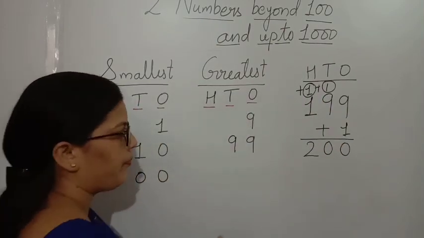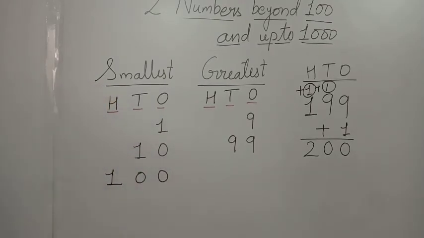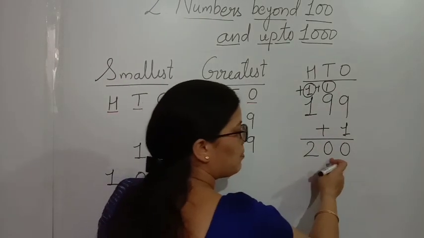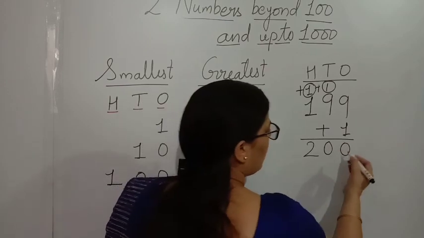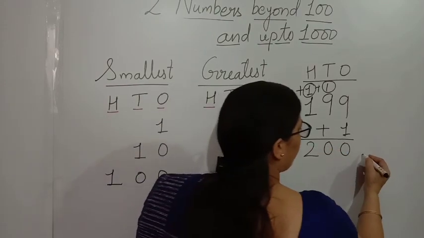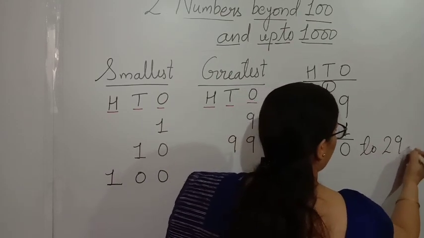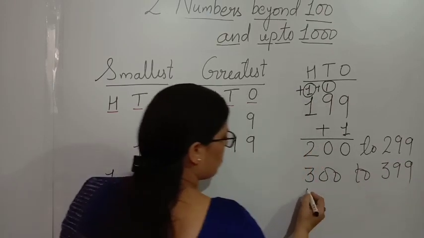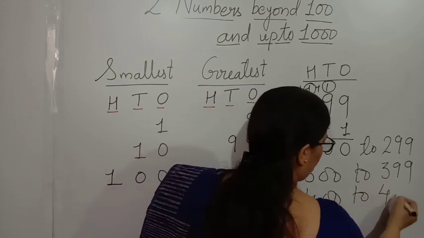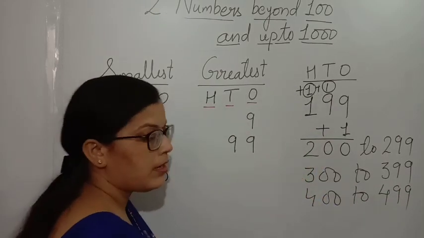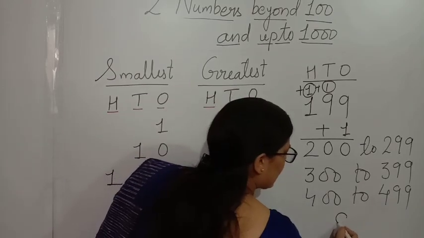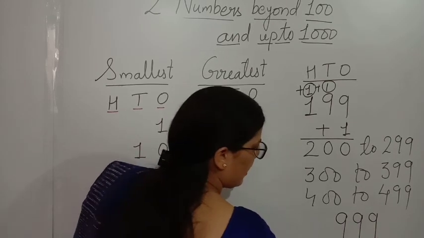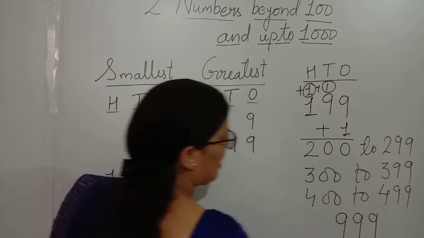So this is read as 200. Now the numbers continue from 200 to 299, and from 300 to 399, and so on, 400 to 499, and the 3 digit numbers continue till we get the greatest digit at all 3 places, that is 999. 9 is the largest digit.